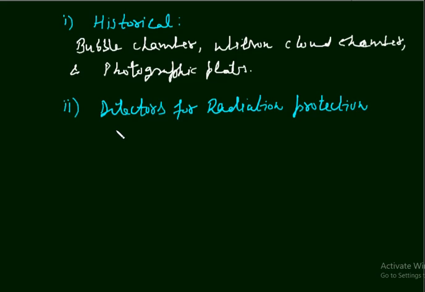Examples of radiation protection detectors are dosimeter. This is a handy type of nuclear detector, portable, used in medical sciences.